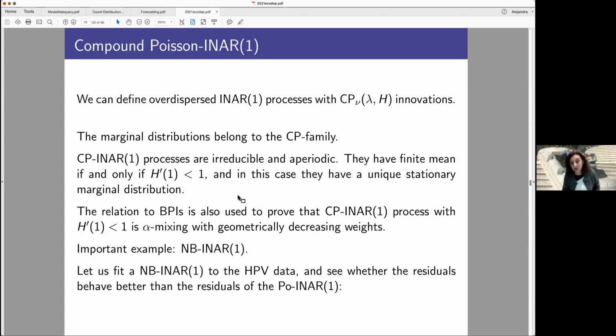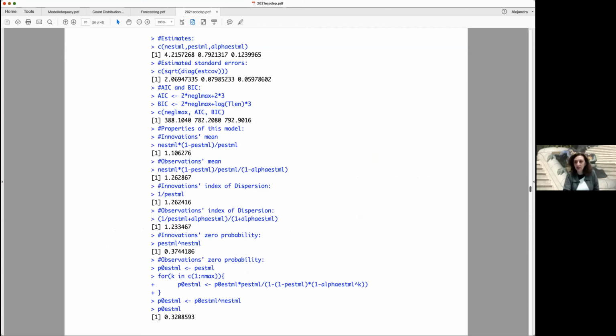And in particular, negative binomial is a member of this family. We will see in a minute that if we fit a negative binomial to the same set of data we had before, then the residuals look slightly better than in the case of Poisson AR.